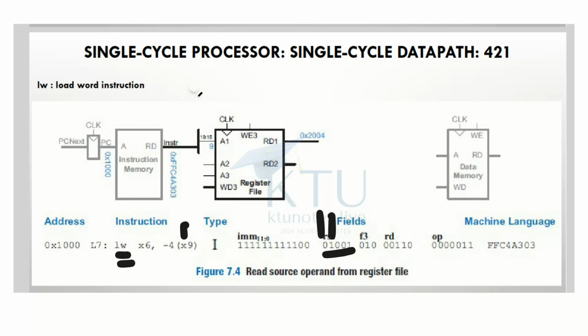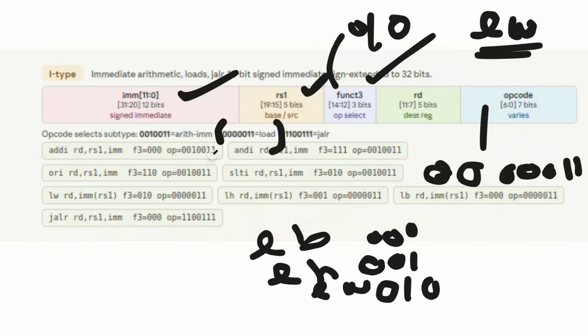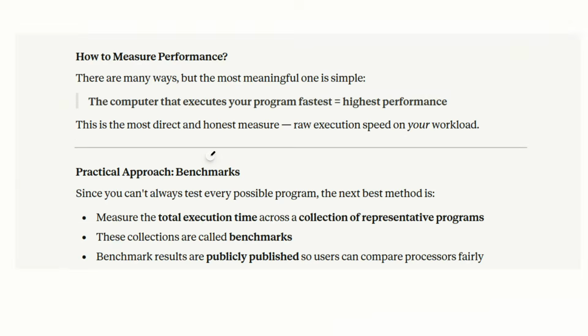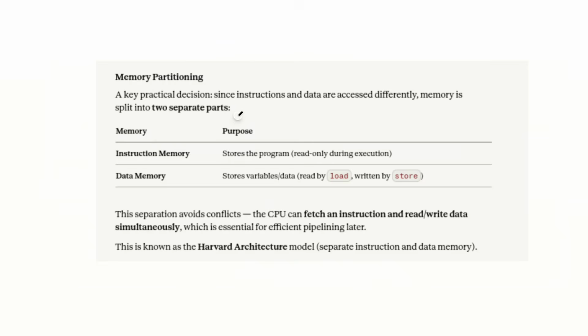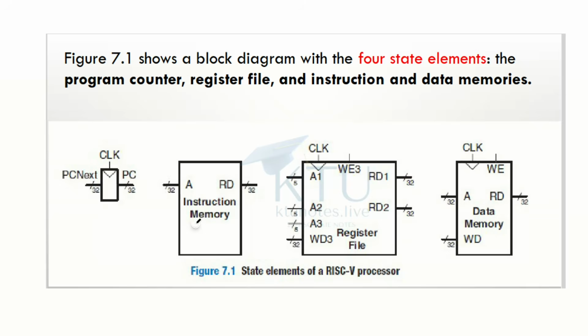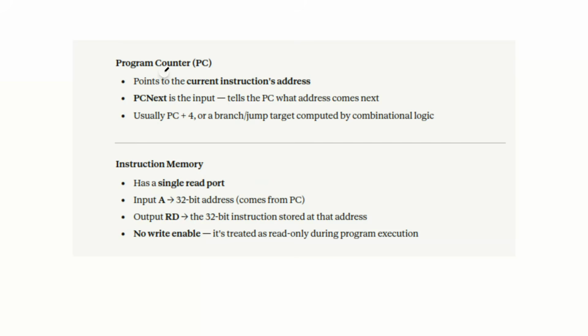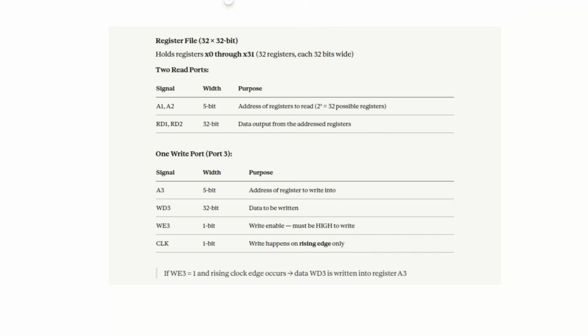That is register 9. If you see our register file, I will show you, this is some previous section information, but to complete and give a good setup, I wanted to explain that also. See here guys, instruction memory takes a 32-bit address. Now the register file: A1 and A2 are the 5-bit register addresses that we are taking. It contains the address of the register to read, and RD1, RD2 give the data output from the addressed registers.